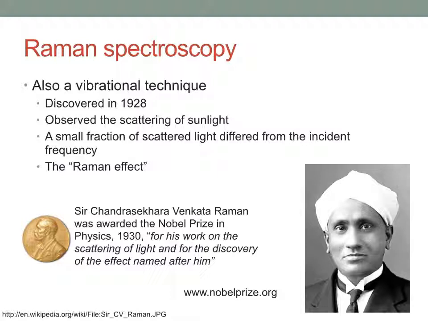So 1 in a million photons that goes into my sample will be scattered Raman light. So that's a very, very low intensity problem, and that gives me some difficulties in measuring it. So even though Raman discovered this way back in the 20s, it didn't really come into prevalence until the 70s or 80s when lasers started to become much more common.